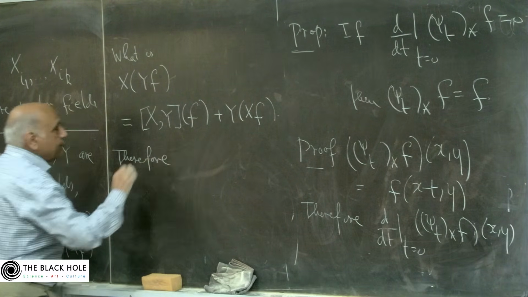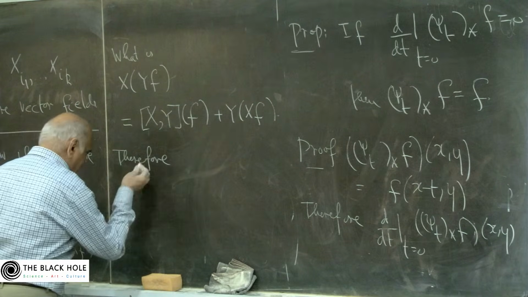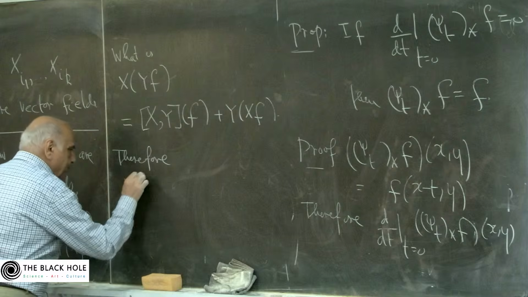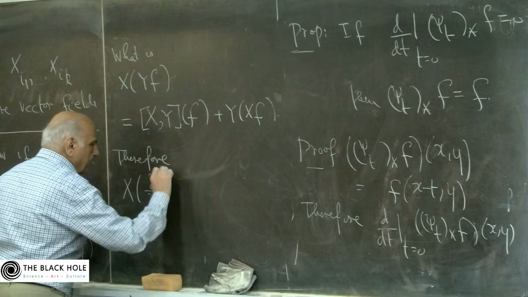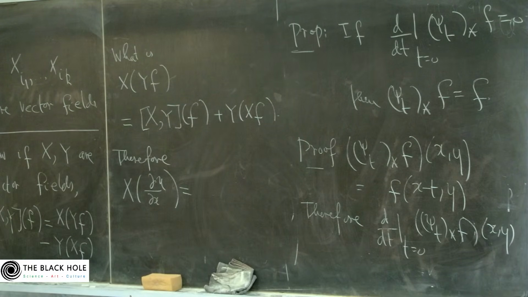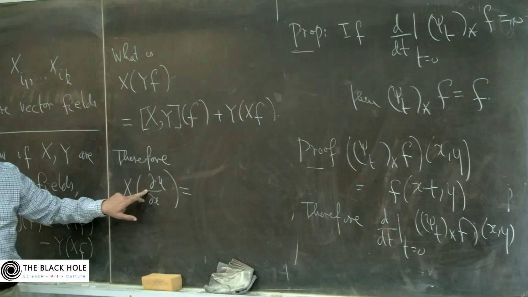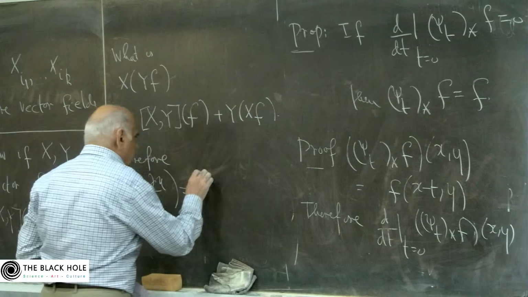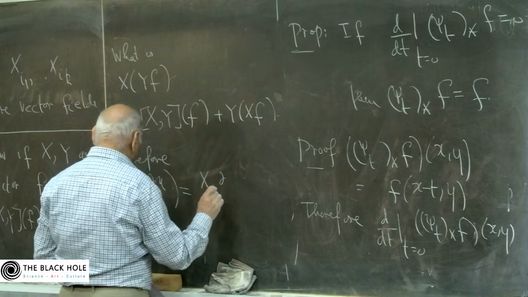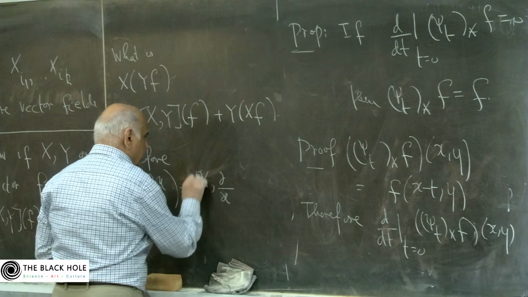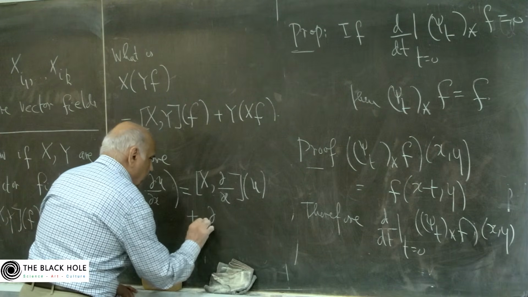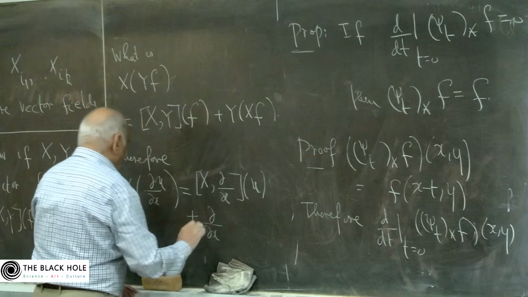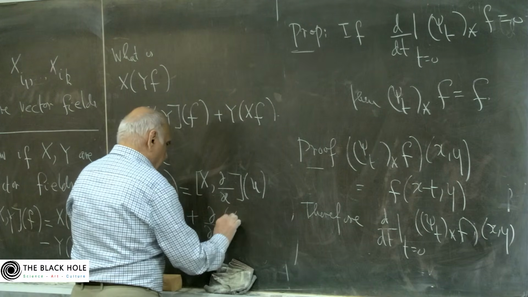Therefore, we can extend the action of the Lie algebra to the operator, to partial derivatives. Therefore, X of, for example, partial by partial x of u, by this formula, what is it? Instead of Y, I have put partial by partial x. So is it not X bracket partial by partial x applied to u plus partial by partial x of X of u?